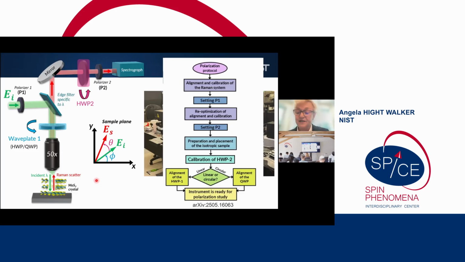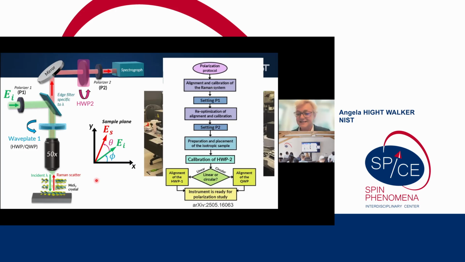So that's what's taken place here. And while the main focus again was linear, you would be surprised: if you're not doing linear well, you really probably are not doing helicity-resolved Raman well either. And so it's a great place to set context.